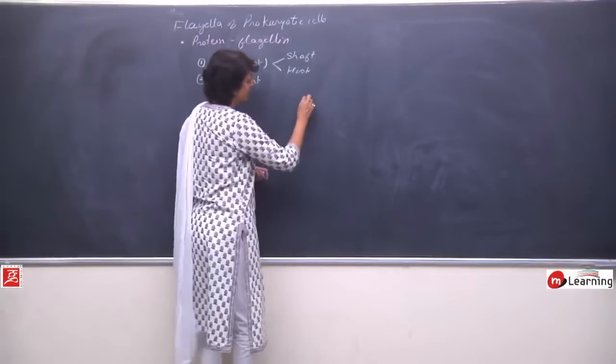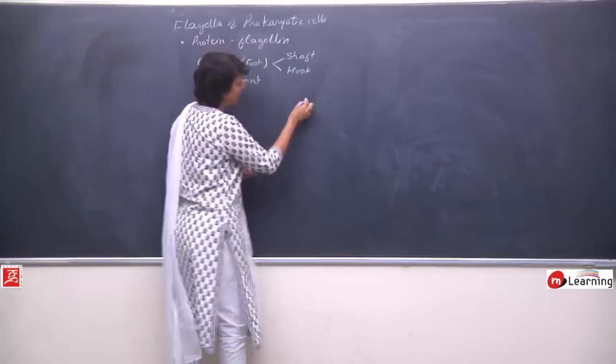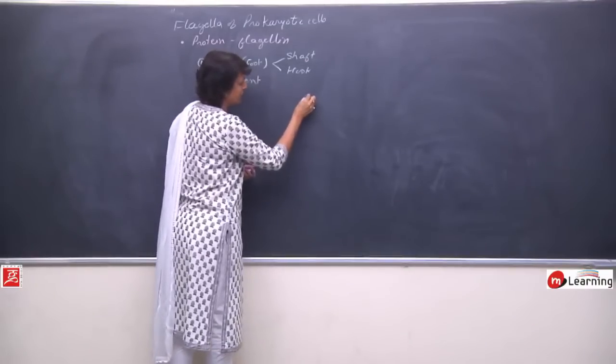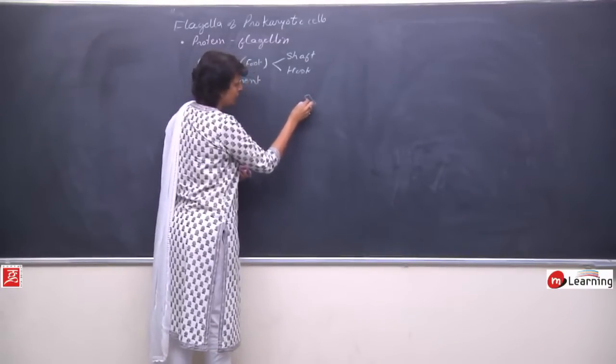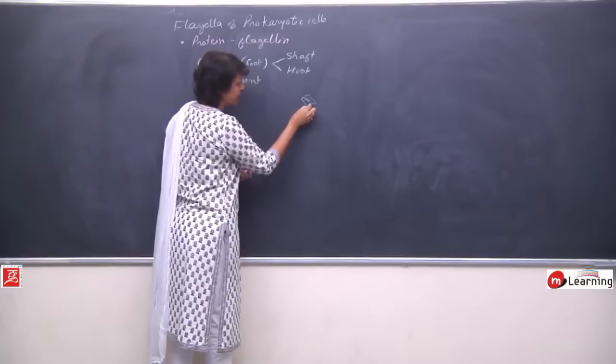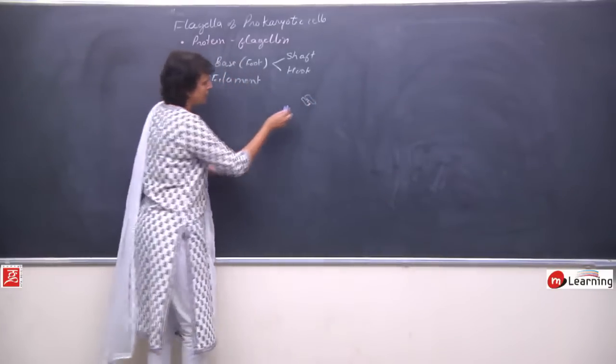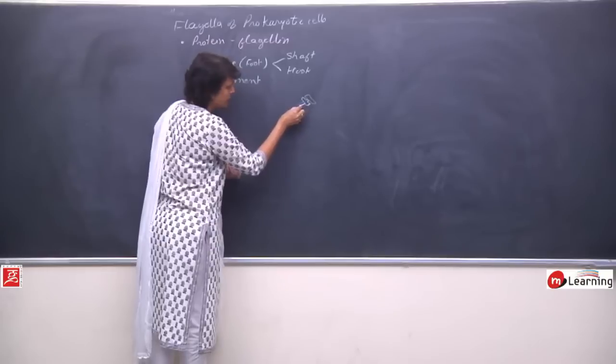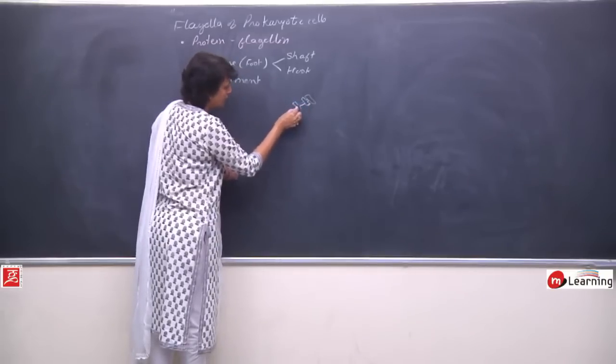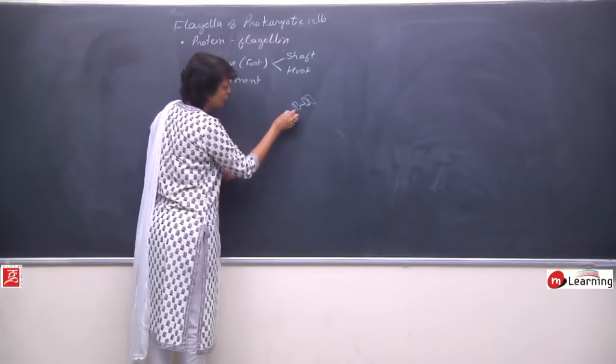If we see a flagellum, the shaft part, it comprises of discs, and these discs, they are connected to each other. So this is one structure, then again there is an extension and two more.